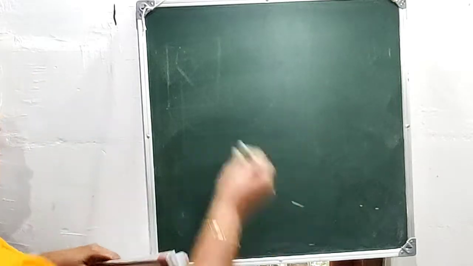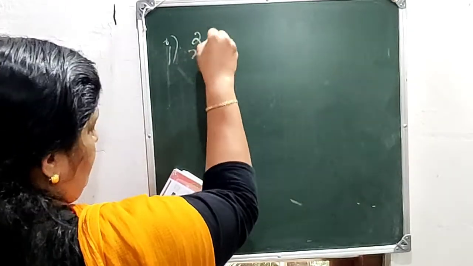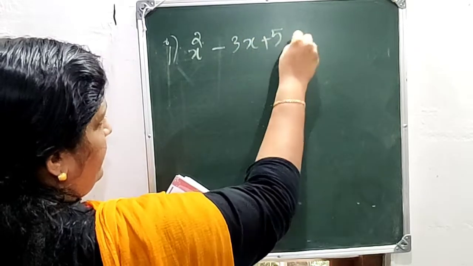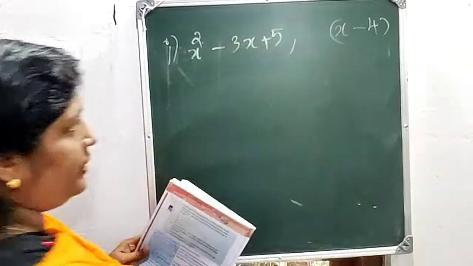Okay, here we have a question. First question, x square minus 3x plus 5, a second degree polynomial, and x minus 4.